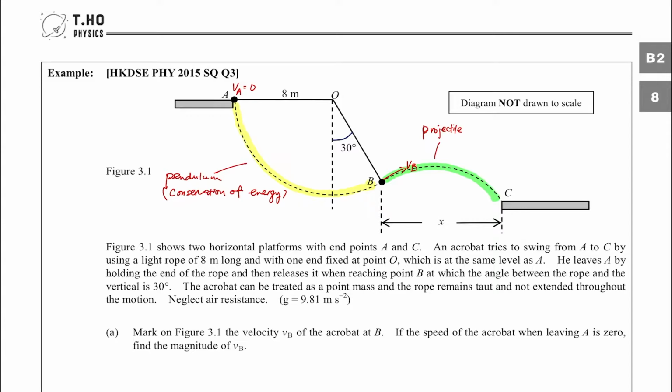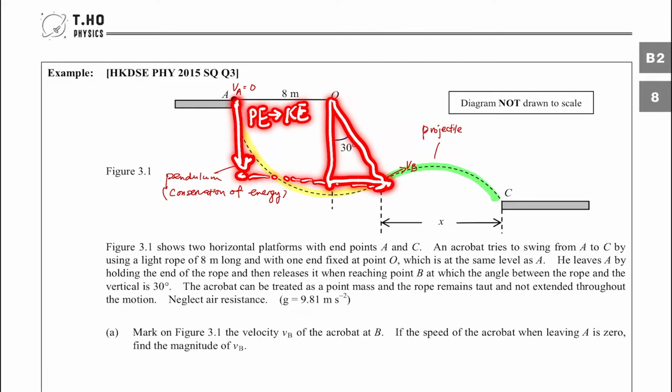When the acrobat swings from here to here, he is going down. So when he is going down, PE would be converted to KE. I would like to know the distance he has dropped, so we have to consider this triangle.